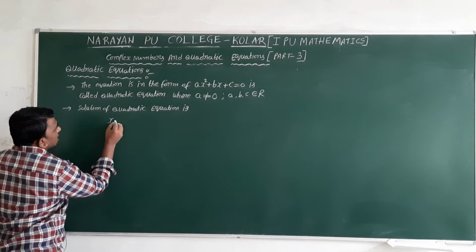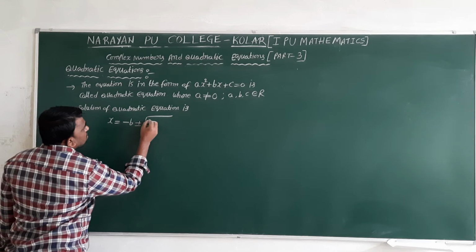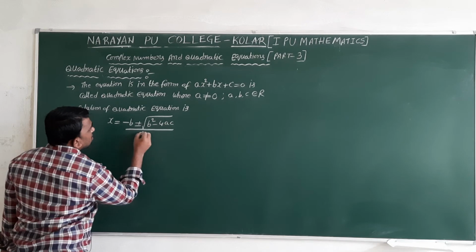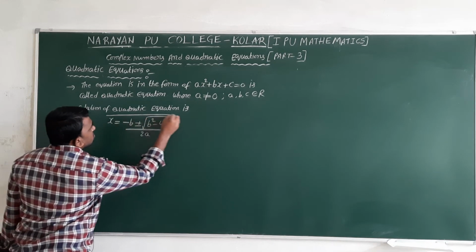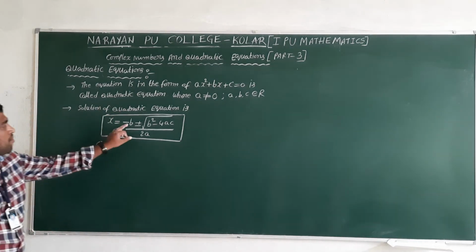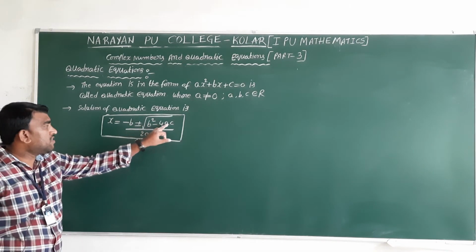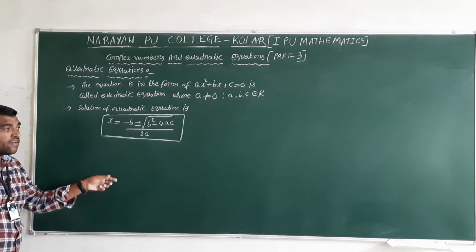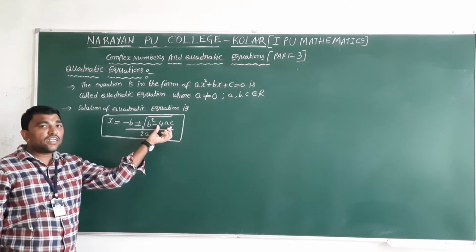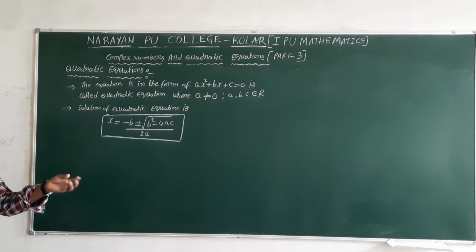The formula is x equal to minus b plus or minus square root of b square minus 4ac by 2a, where b square minus 4ac we can call the discriminant value of the quadratic equation. The discriminant value is denoted by delta.